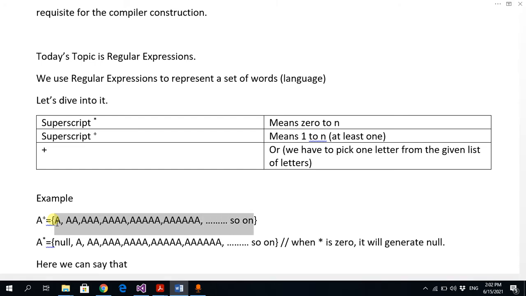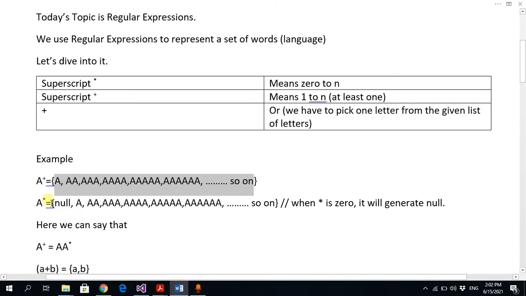Similarly, next we have a superscript star sign, and star means at least 0. It means null is also allowed, and there is no upper limit, so null, single A, double A, triple A, and so on. So you can conclude from this that A star and A superscript plus are very similar to each other.